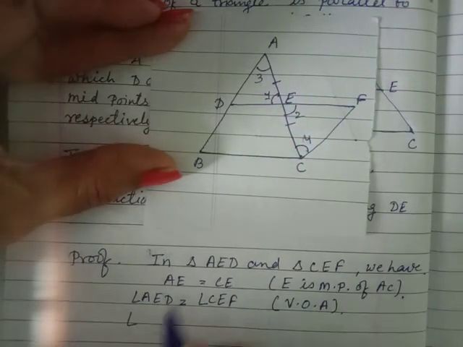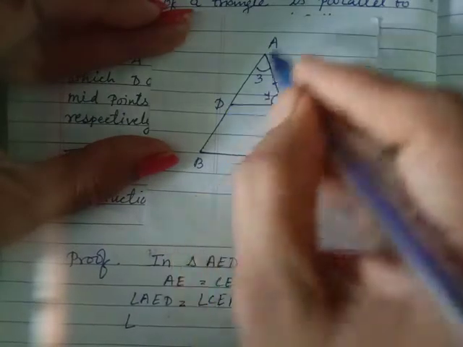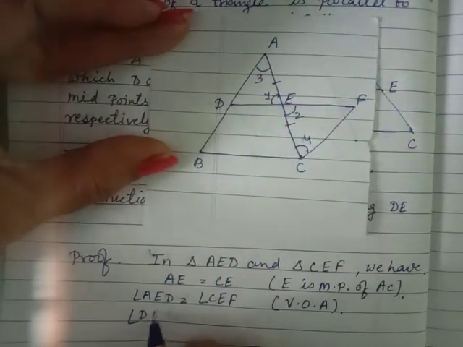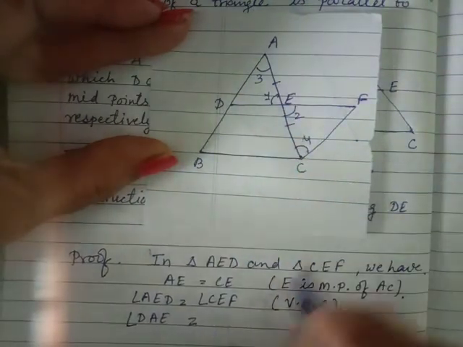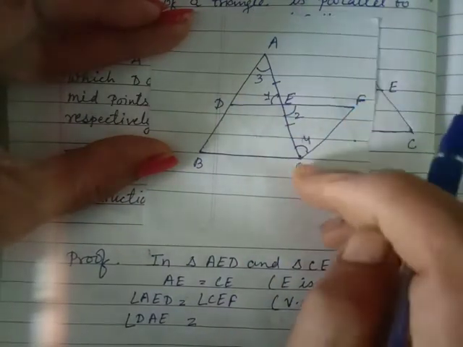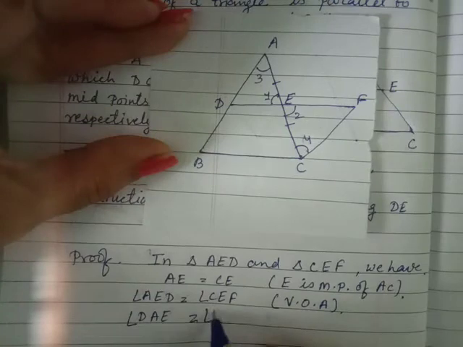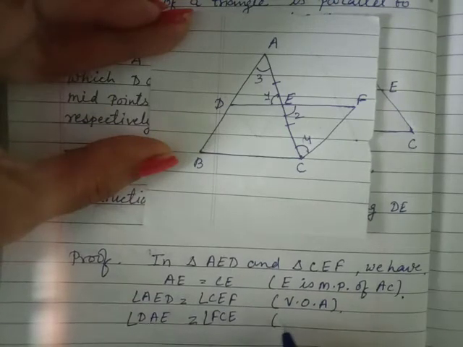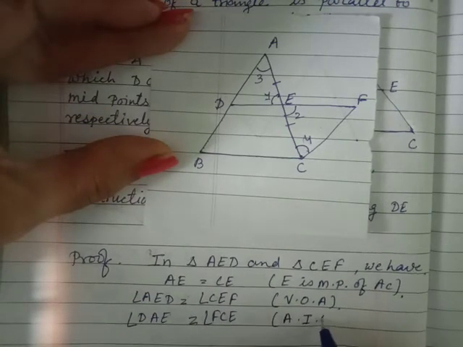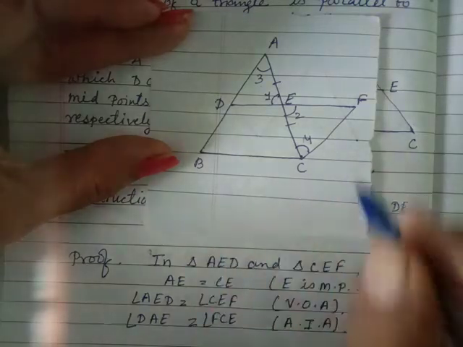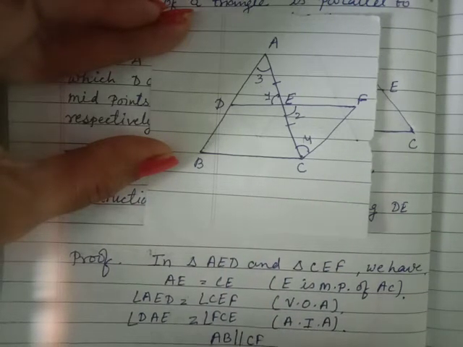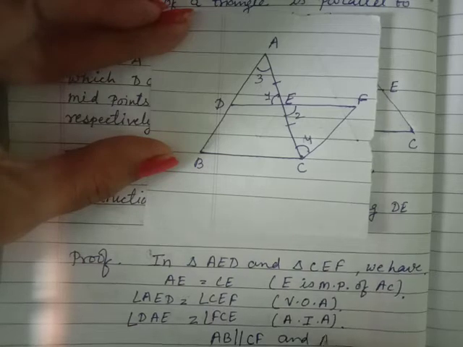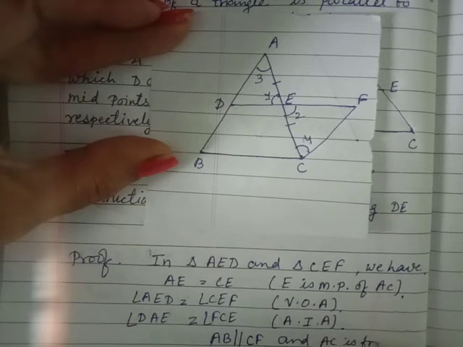So we'll write angle DAE is equal to angle FCE, alternate interior angles, when AB is parallel to CF and AC is the transversal.